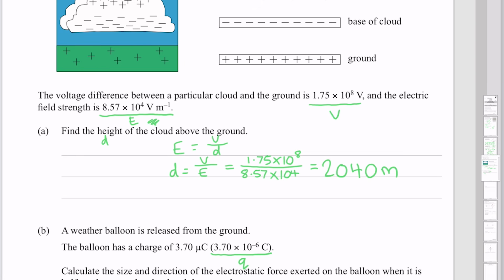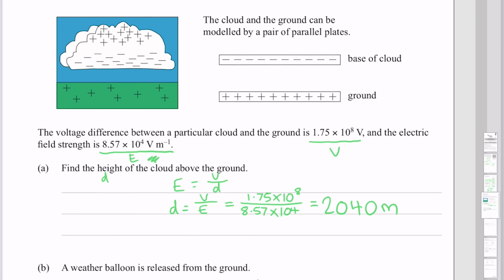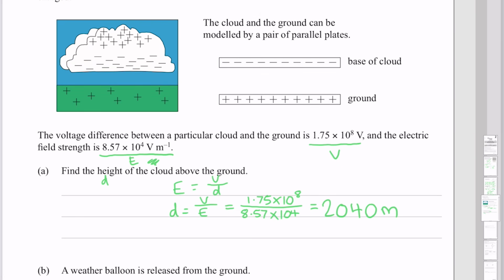Now, they've kind of tried to trap you by saying halfway. They're trying to tempt you into overthinking the problem. Now, if we were to draw the electric field lines in this scenario, they would look something like that. And what you might notice is that they don't get closer together or further away when they move from the base of the cloud to the ground.